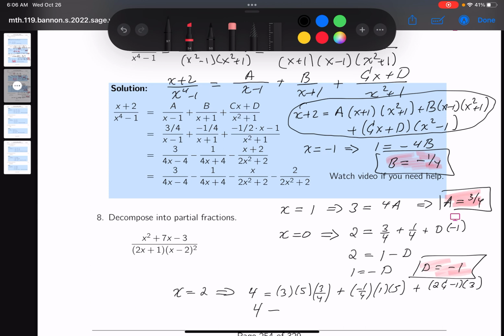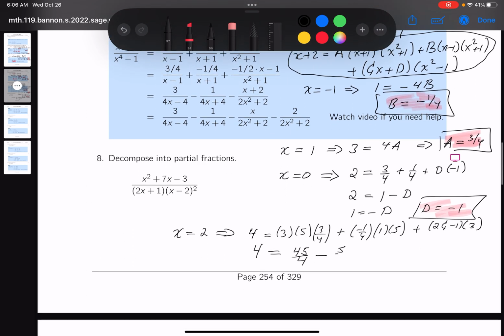So you get 4 equals 15/4 minus 5/4, and then you're going to get 6C minus 3. 15 minus 5 is 10, over 4 is 5/2. Let me redo that: you get minus 3 equals 6C, and C would equal minus 1/2.